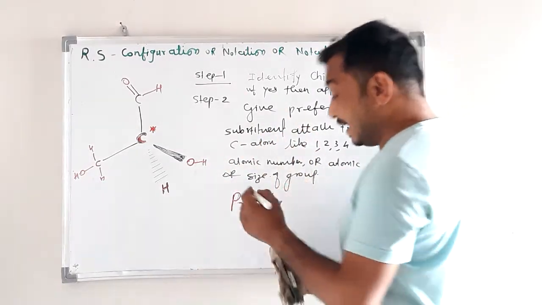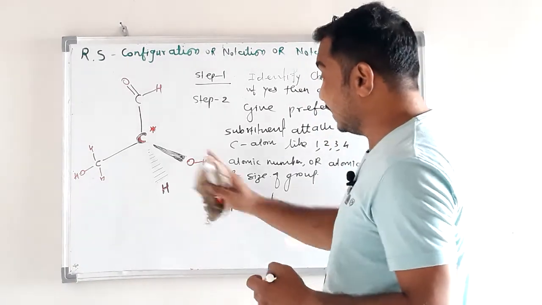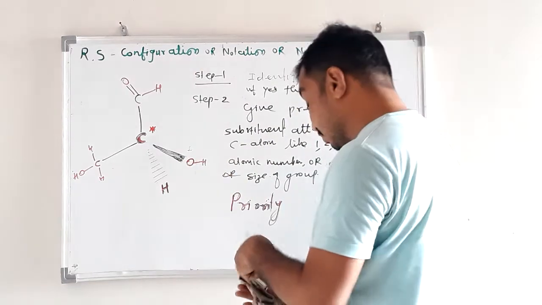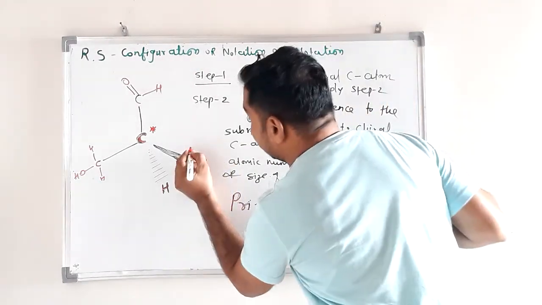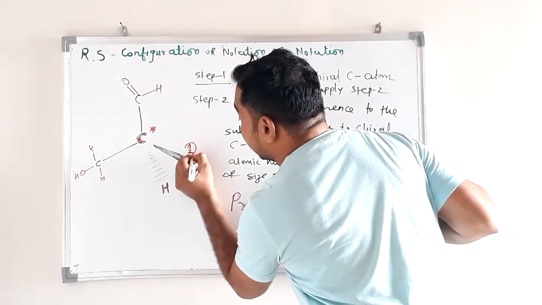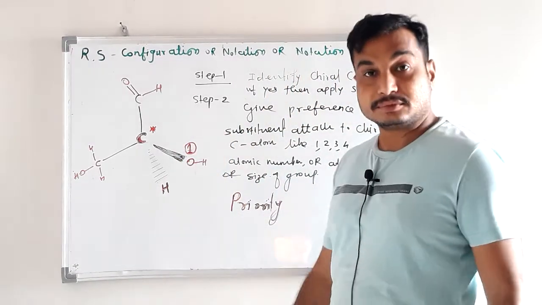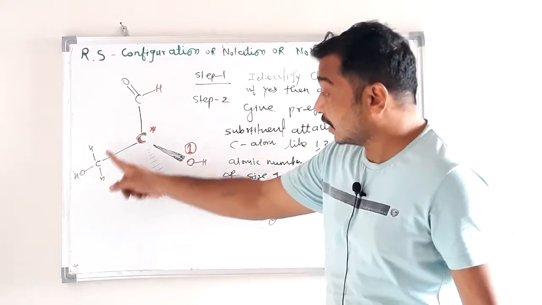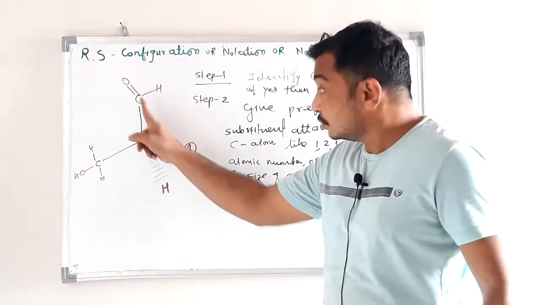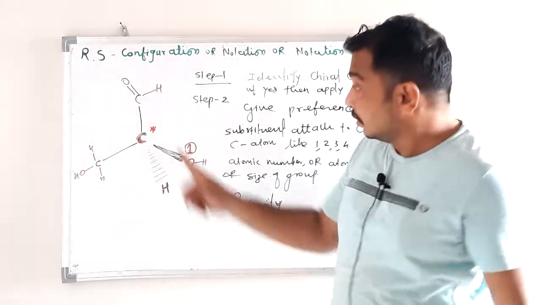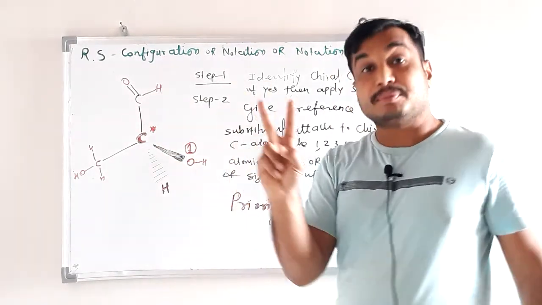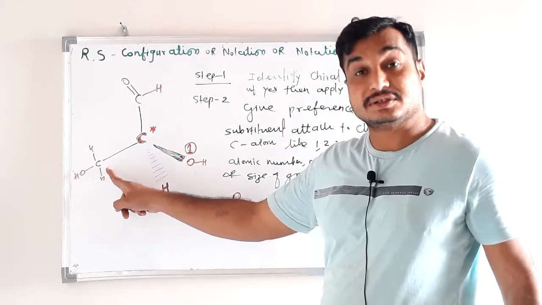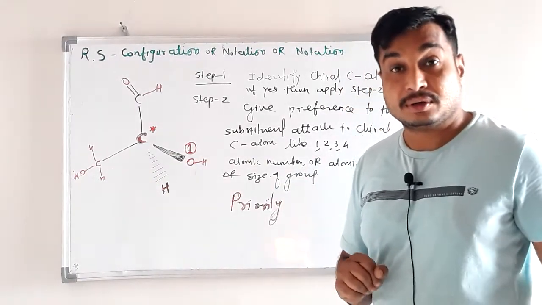So that atom gets more priority. Highest priority means number 1. Second number goes to carbon, 6, versus hydrogen, 1. So carbon, carbon: these 2 atoms have the same atomic number. This carbon has 6, and this carbon also has 6. But what do we have to do?